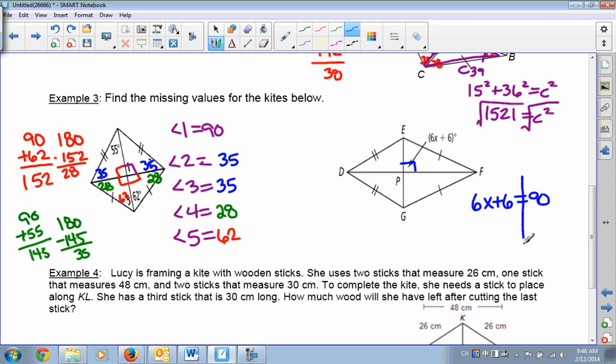So how would I solve? Subtract 6 from both sides. So 90 minus 6 is 84. Divide by 6. So what is x? 14. All right, any questions on kites at this point?